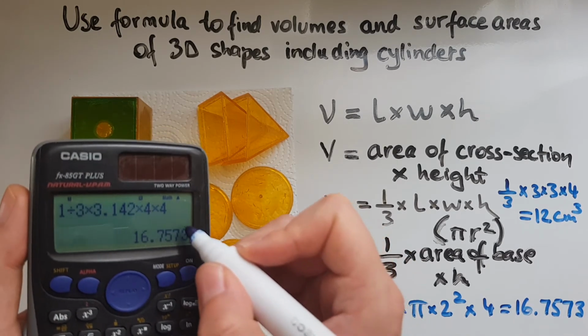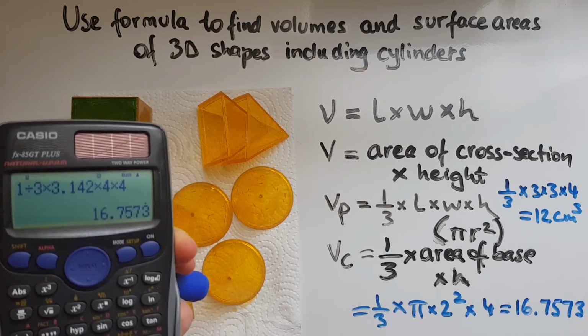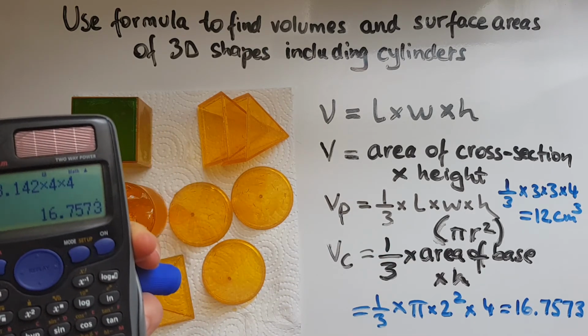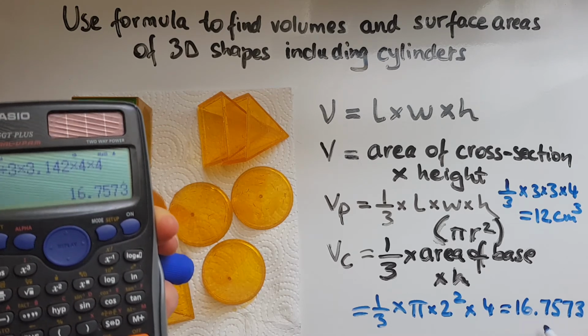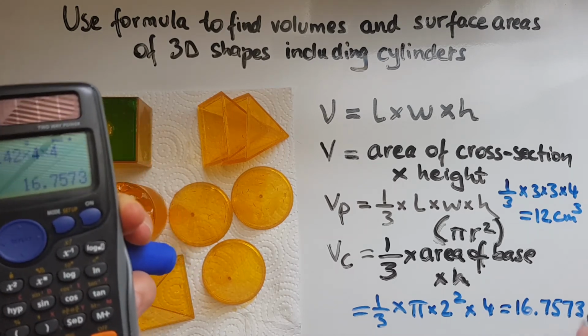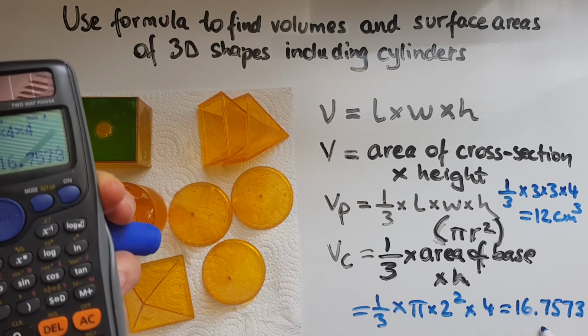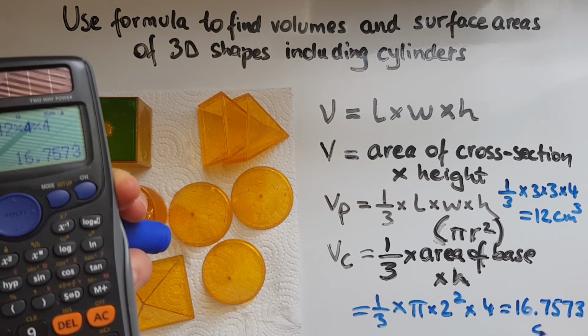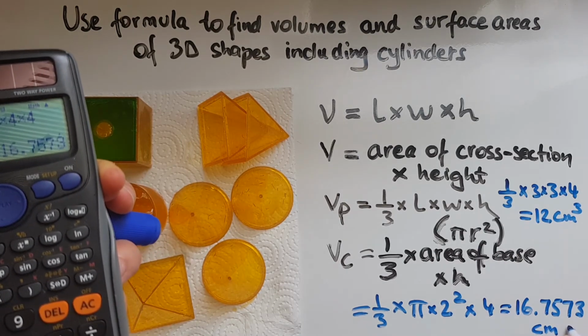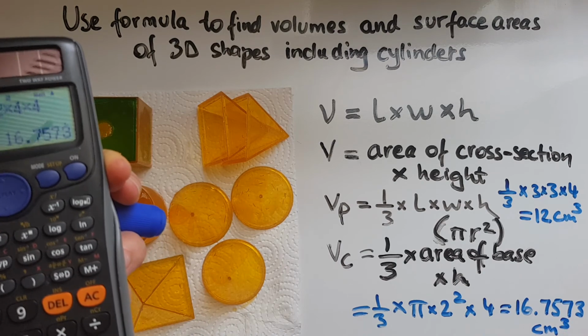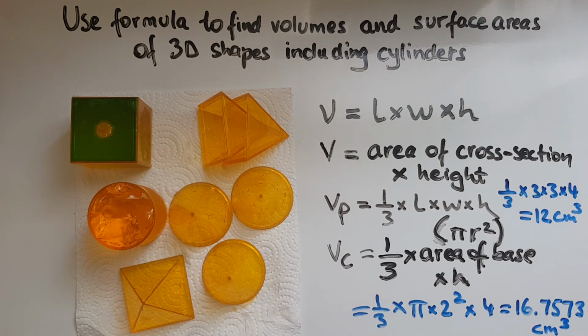That is recurring, but we don't need to continue adding 3's. We can leave it like that, so rounding it, and the unit is centimeters cubed. Again, when we work out volume, it's cubed because we're looking at 3 dimensions: length, width, height.